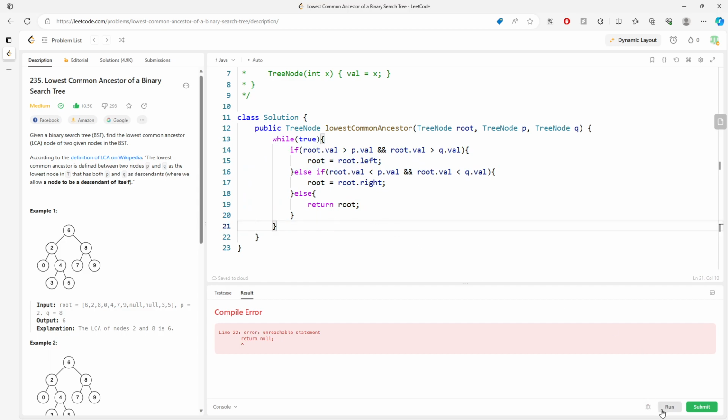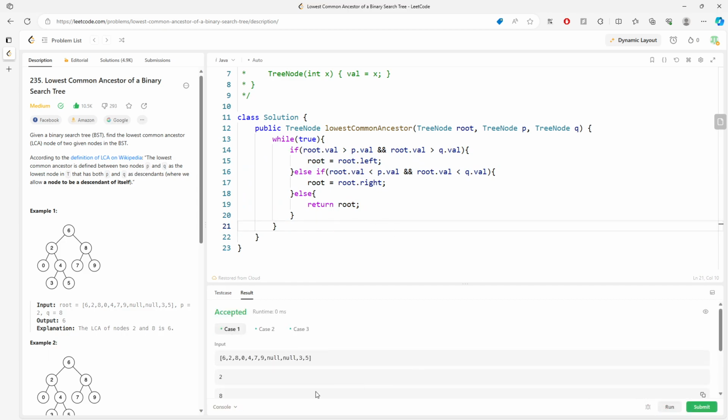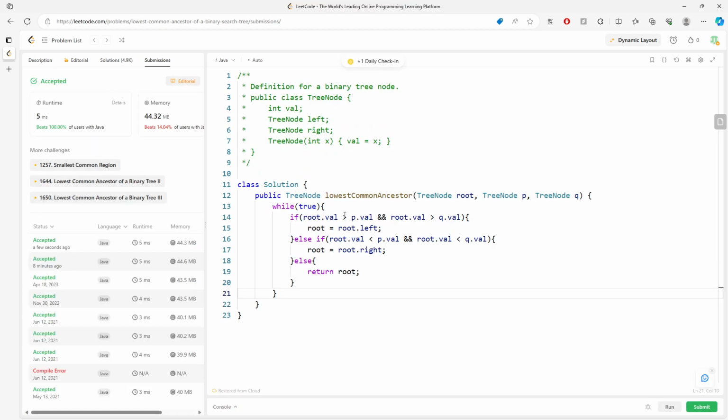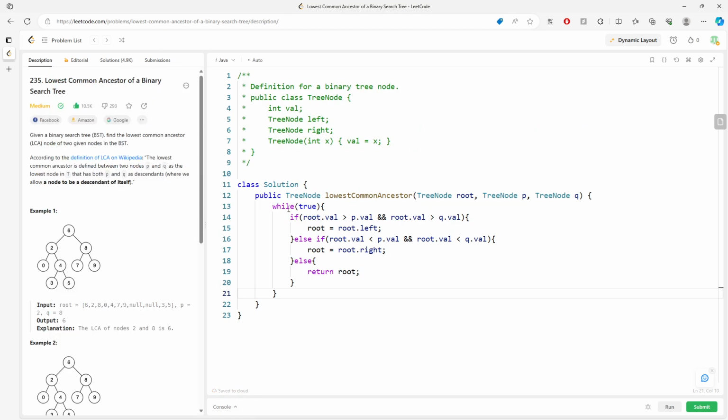So you can get rid of this, run it, and you'll pass. So while true, and this is how you traverse: either go left or go right, or you return yourself.